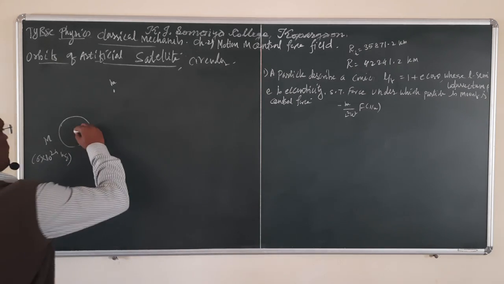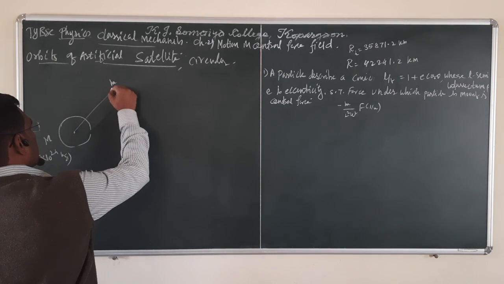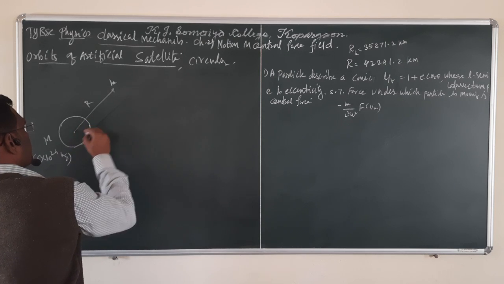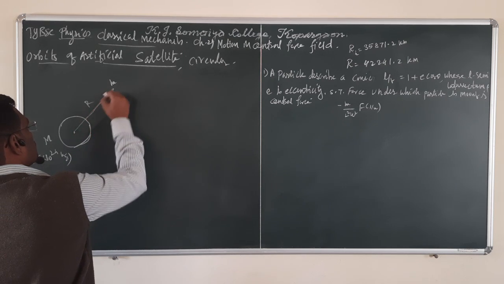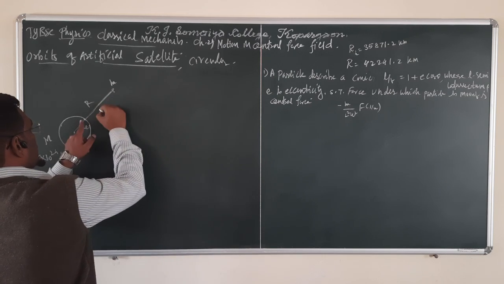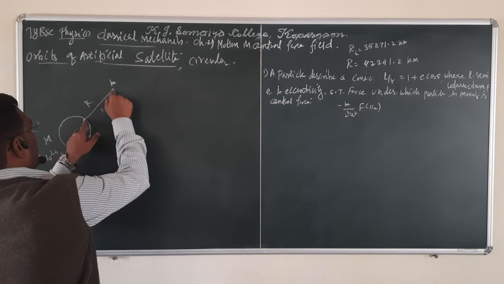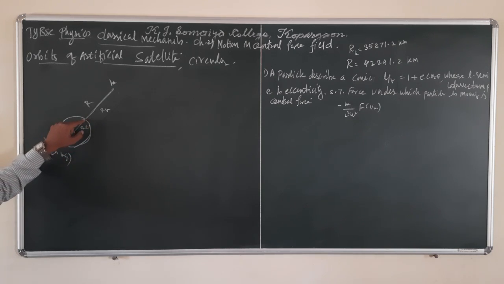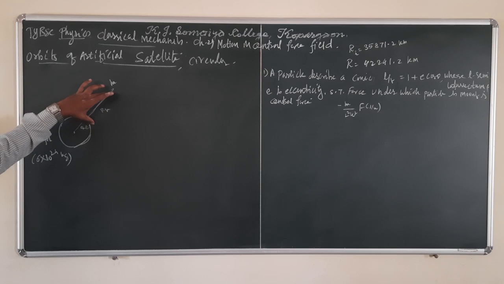Now if r is the distance between the satellite and earth from the center. Suppose this is the radius of earth, and this is h, the height of that satellite from earth's surface. Eventually we are going to launch the satellite from earth's surface, that's why we need to know the value of h.